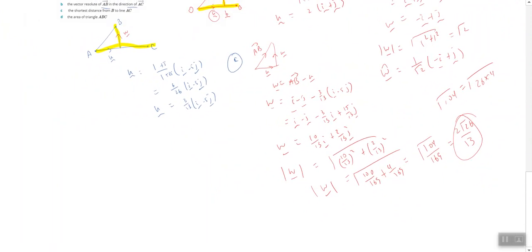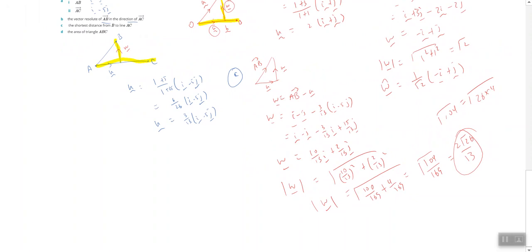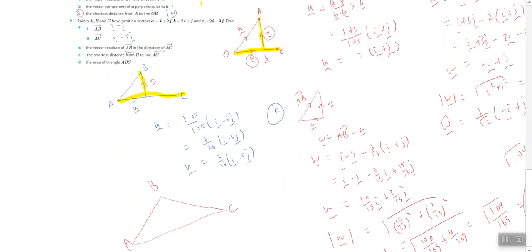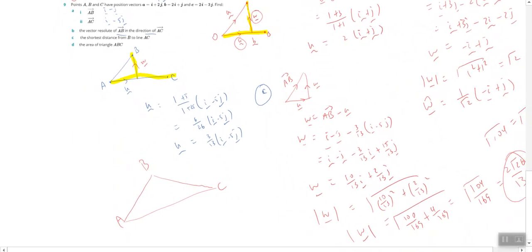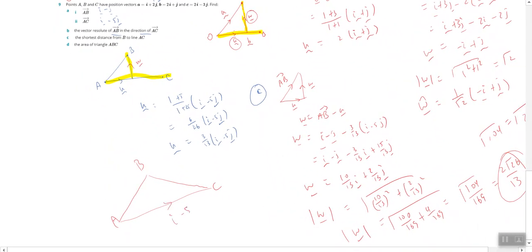For D, now they want the area of the triangle ABC. If you think about it, you've got A here, B here, and C there. You want the triangle ABC. Now, what you have to do is, you've got AC, which happens to be I minus 5J, and you know the magnitude of W is 2 root 26 on 13.